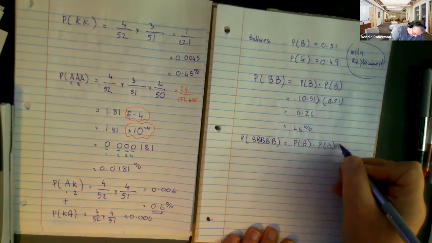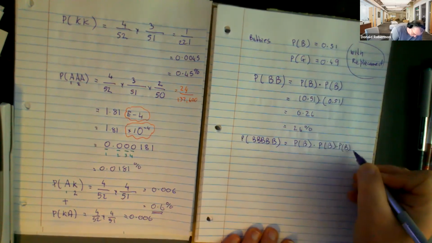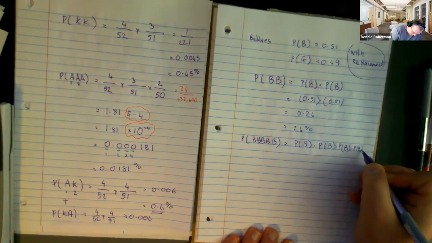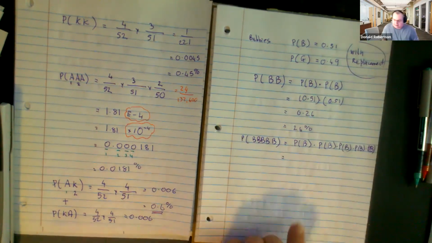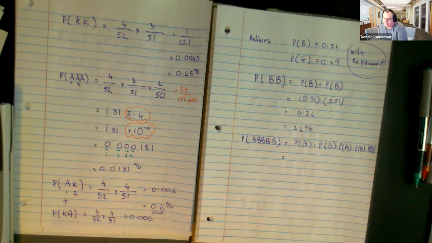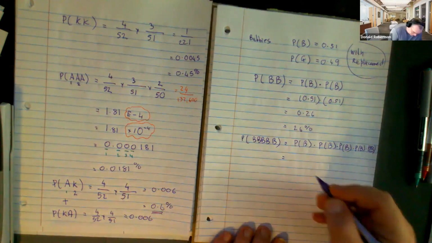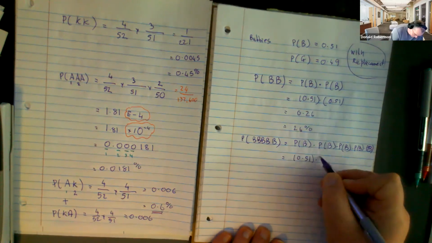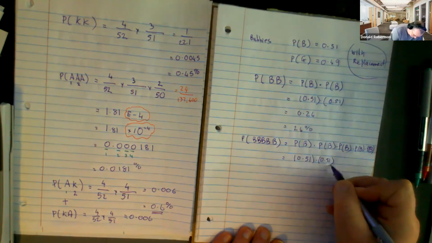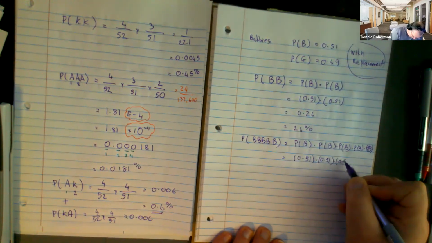I am not going to write any more questions this long way. But would you agree that all you do is multiply the same thing 5 times? Now, in this case, 0.51 times 0.51. Again, this is the only time I'm going to write it out this way.